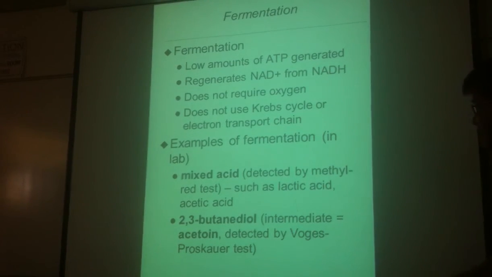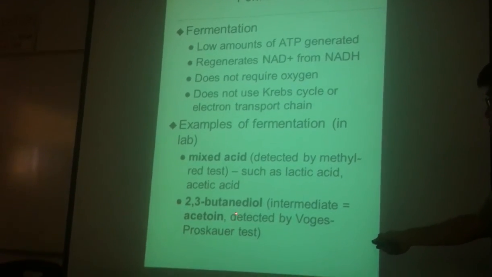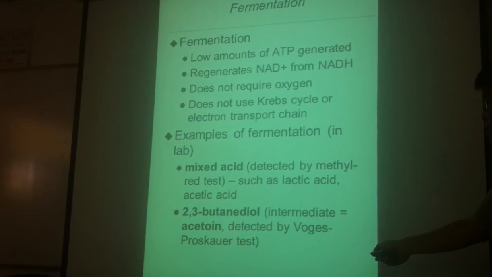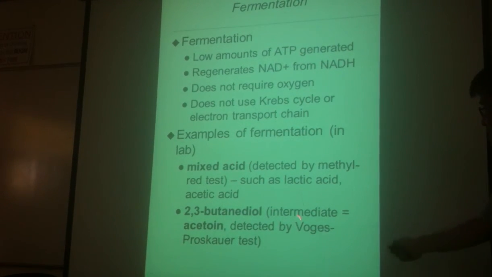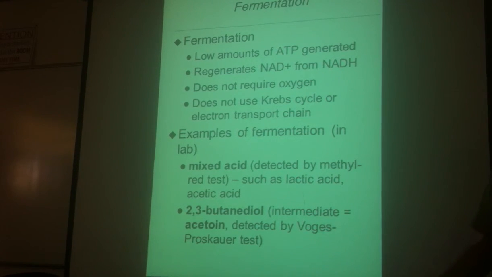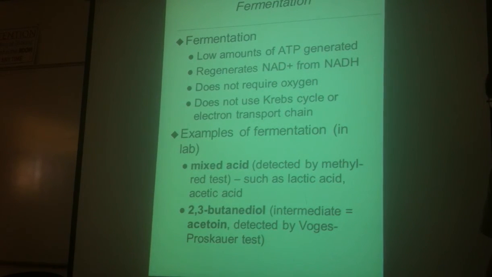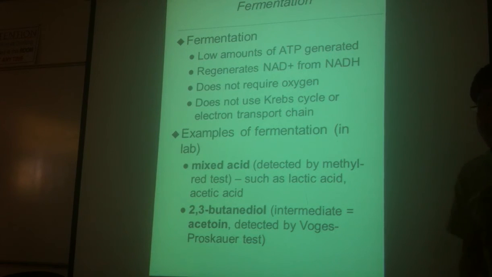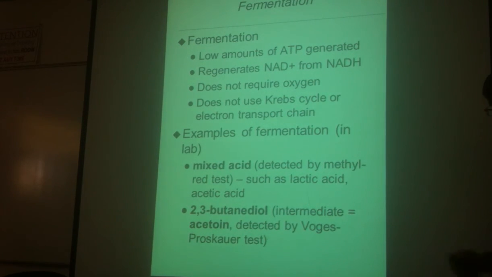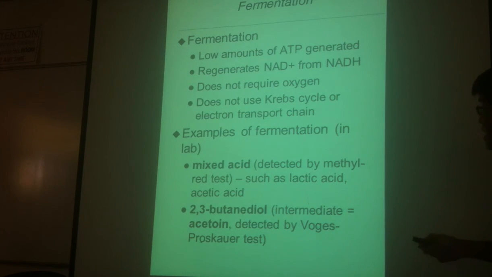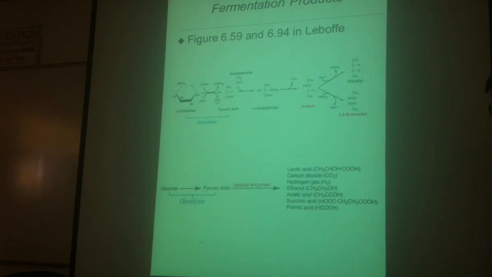What you're going to learn about in lab is one of the intermediates that's formed in this process called acetoin. This is, as opposed to acid fermentation, a form called neutral fermentation, where we don't make acidic products, okay? We make neutral products, and so this is a whole other class of fermentation reactions that you can actually measure in lab. You're going to do that.